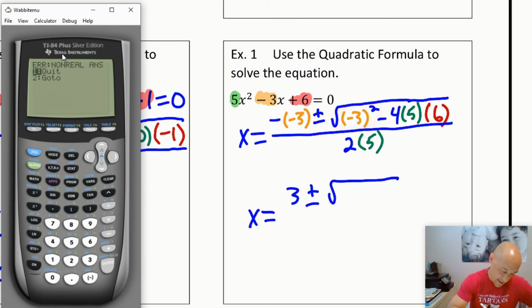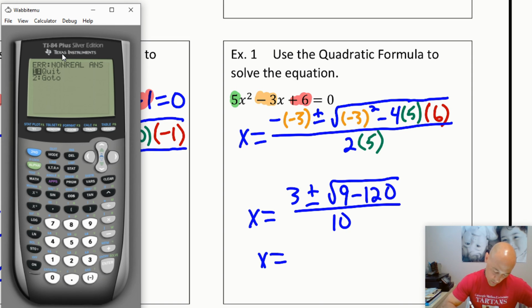Negative 3 squared, that's 9, minus 4 times 5, that's 20, times 6 is 120. So we're subtracting 120, over 10, because 2 times 5 is 10. So now we have x is equal to 3 plus or minus the square root of negative 111 over 10.